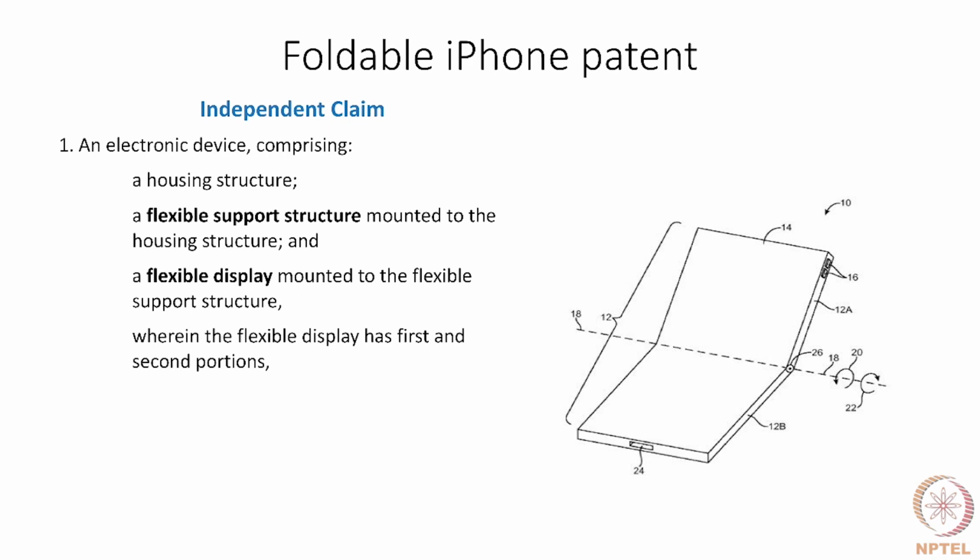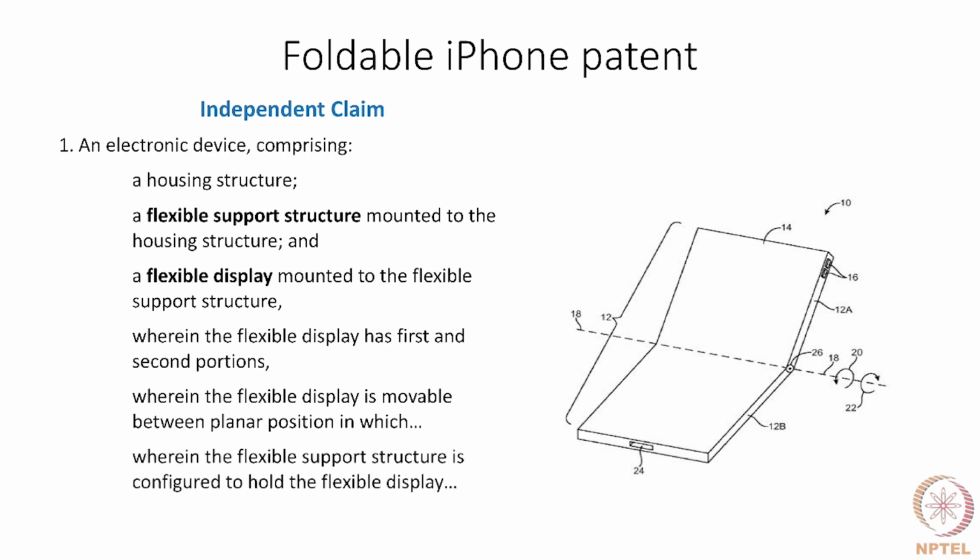and second portions, wherein the flexible display is movable between planar position, in which we have abbreviated that sentence, wherein the flexible support structure is configured to hold the flexible display. So now you will get a gist of how the claim is written by analyzing this independent claim.